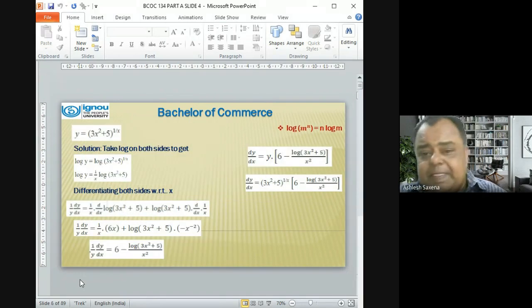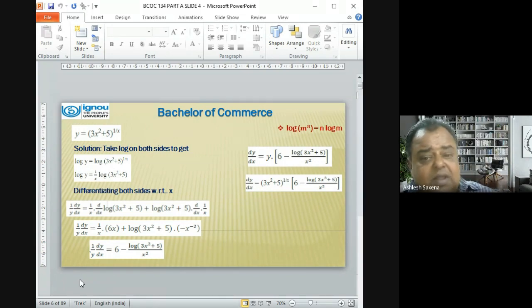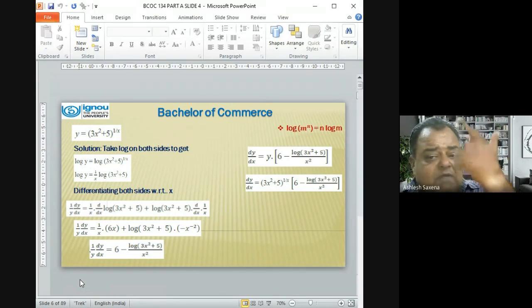Now you can see over here, I'm just discussing the most difficult part of this differentiation, where students normally get confused. Here you can see the power is in the form of 1 by x. It is not a number, it is a function. So straight away we will apply log. Taking log on both sides, log y equal to log (3x square plus 5) raised to the power 1 by x.